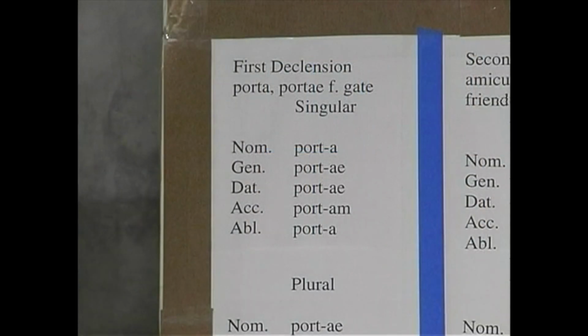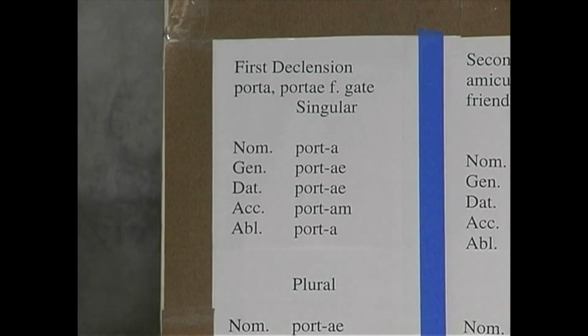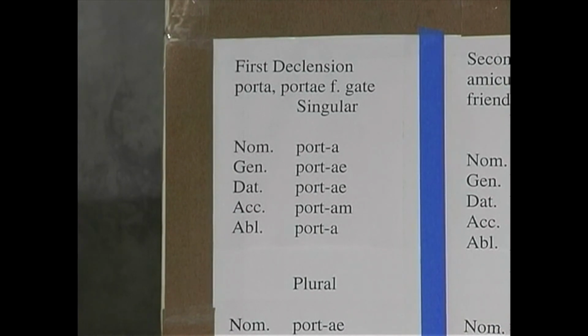Latin has 5 declensions. The first declension is formed with these endings. Our model noun for the first declension is going to be porta, portae, feminine, gate. Please repeat. Porta, portae, feminine, gate.